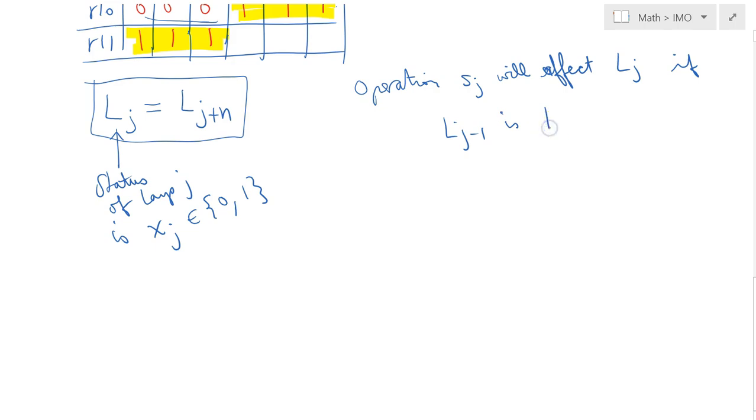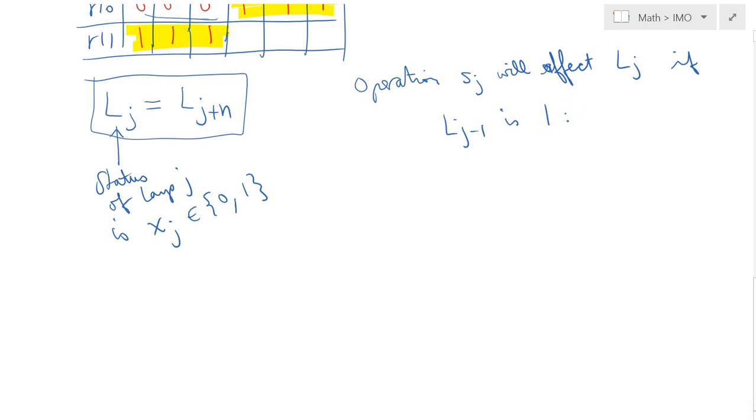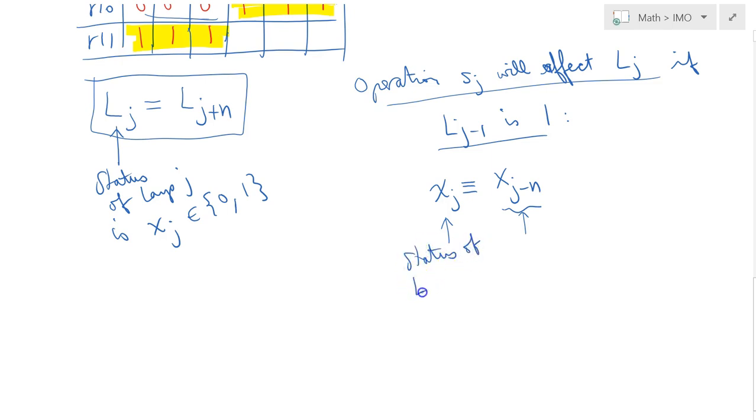is 1. Therefore, I can express this English statement as a mathematical expression, meaning x sub j, the status, will be the following. The status will be based on what we were previously. So this is the status of lamp j in the current round, and this is the status of that same lamp L sub j in the previous round, right?